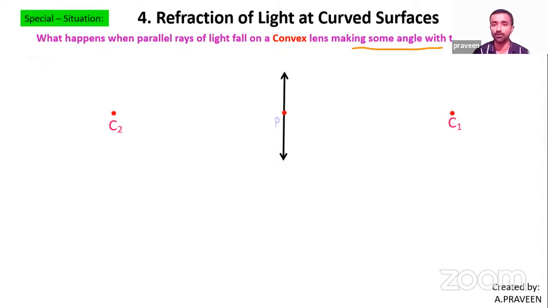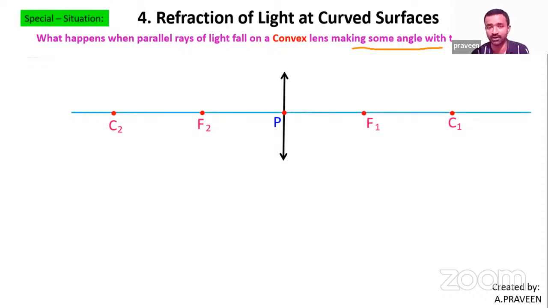Then I identify the pole and the focal points. So all the points are recognized, then joined with a line called the principal axis. All the points C1, C2, F1, F2, and the pole lie on the principal axis only, remember.